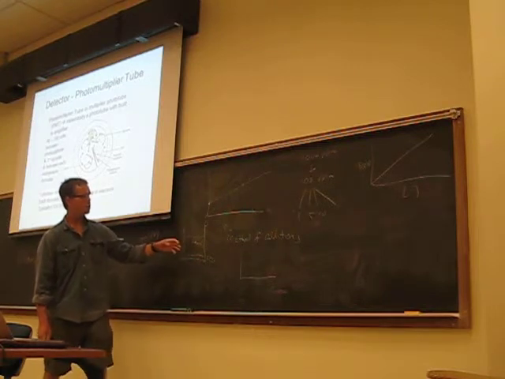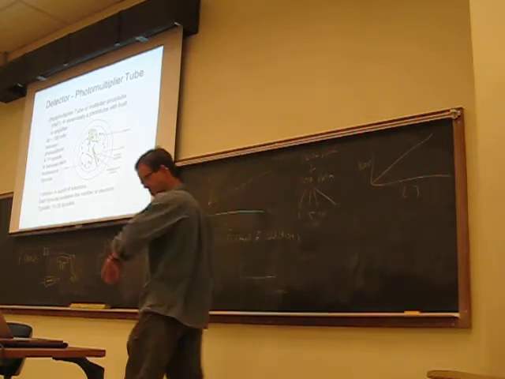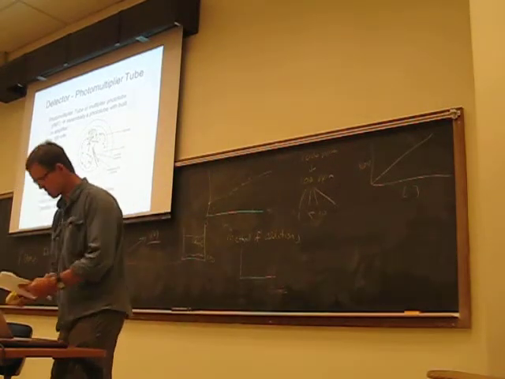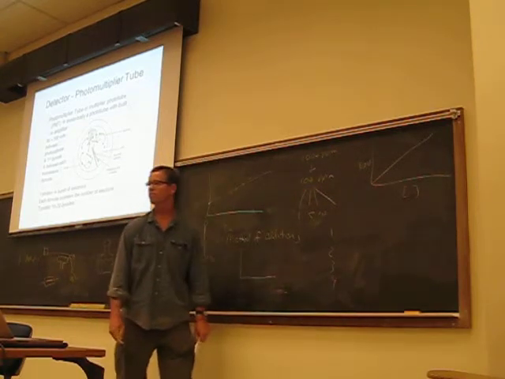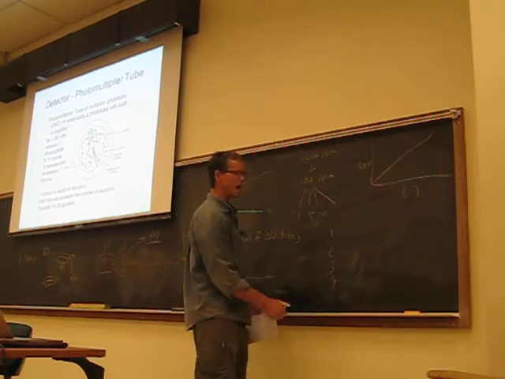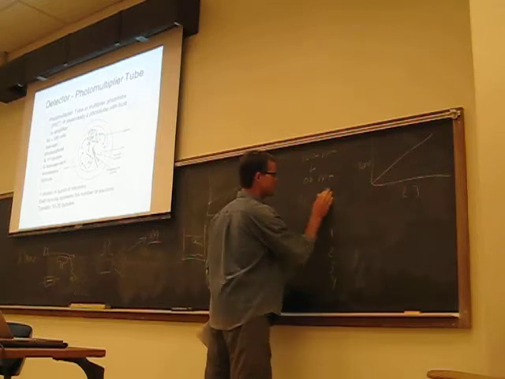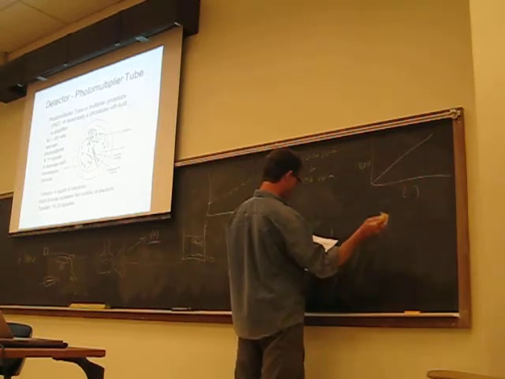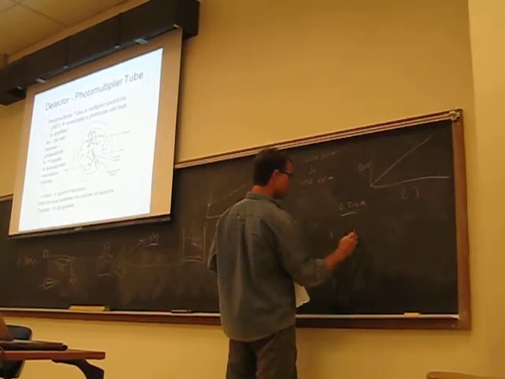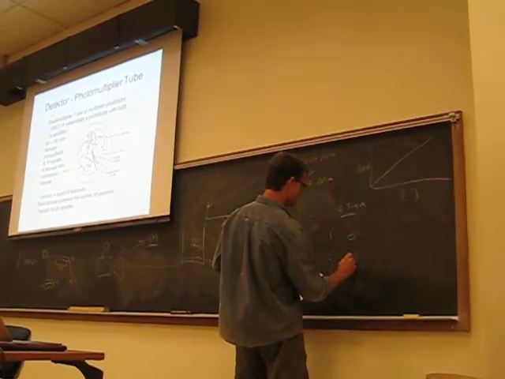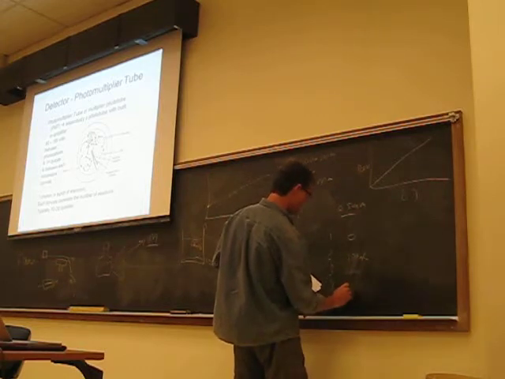Okay? So when you do this, for a method of addition, we're actually out of time, but I'll go over this in class. I'm going to make up maybe 4 flasks that I'm going to analyze, and I'm going to add different volumes of the same standard in each of those flasks. So maybe I'll have a standard that's, let's say, 0.5 micromolar, and here I'll add 0 microliters, here I'll add 100 microliters, here I'll add 200, and here I'll add 300.